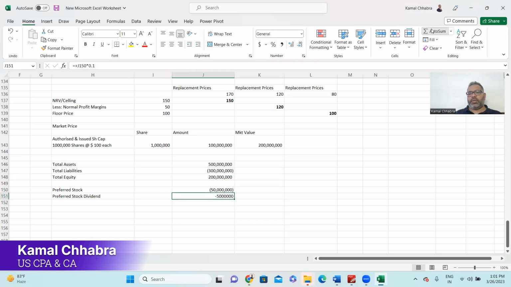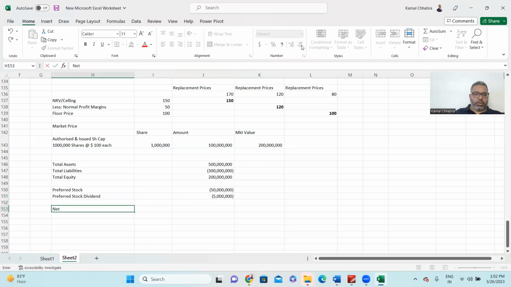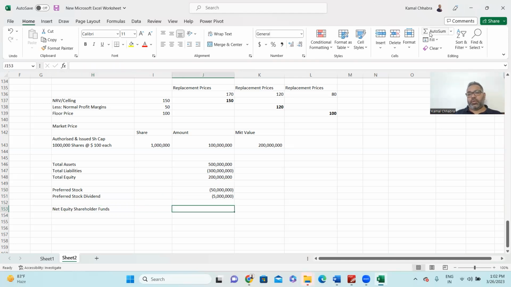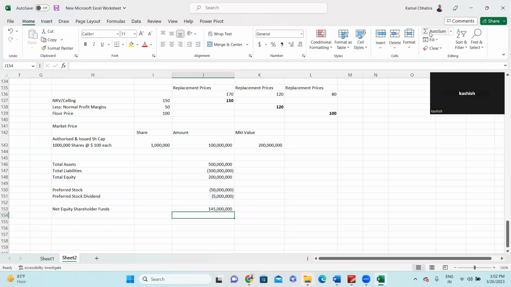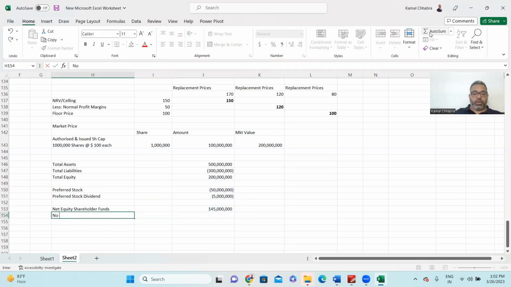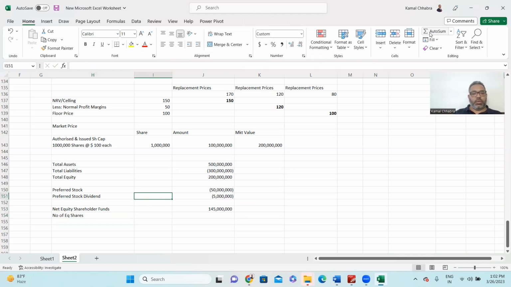So this is, let's assume, sorry, this is preferred stock dividend pending. So what is net equity shareholder fund? How much is it? 145. Right. And what is the number of equity shares? 100,000.